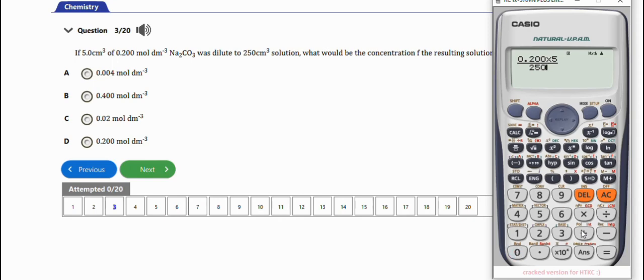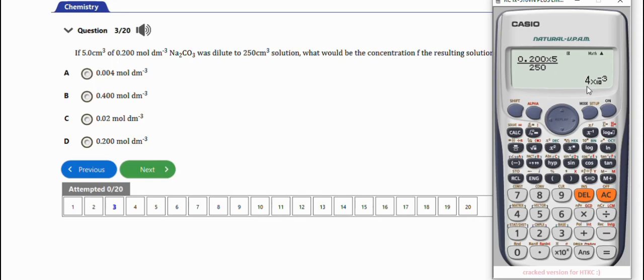So let's punch this, whatever we get to be the answer to this question gives us our C2. So you put this in, in decimal, this is in fraction, so this gives us 4 times 10 to the power negative 3.